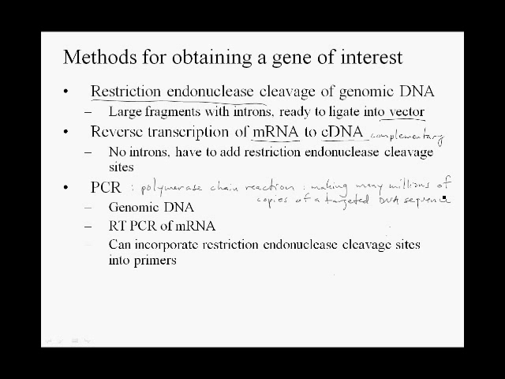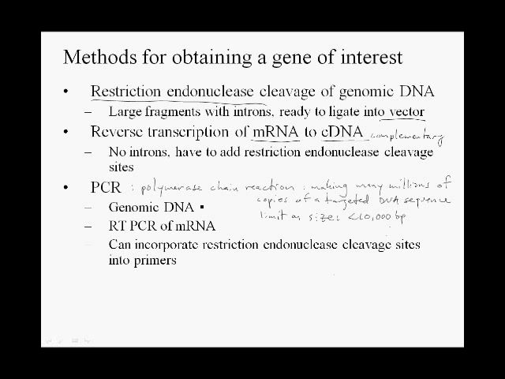The limitation of PCR is that there is a limit on size: practically, only DNA fragments of less than 10,000 base pairs are amenable to PCR amplification. That sort of rules out genomic DNA for CFTR.